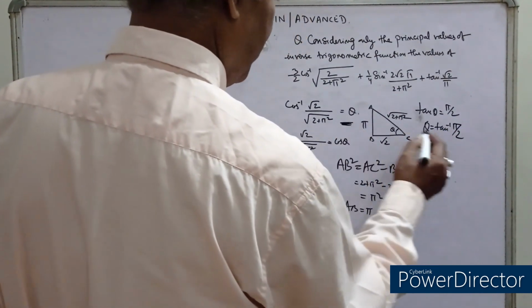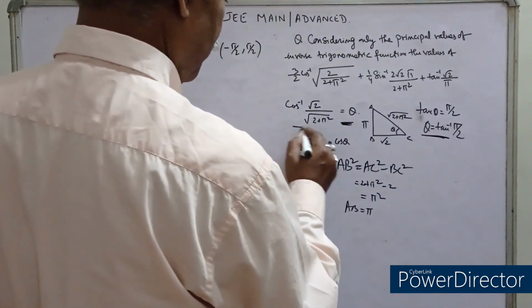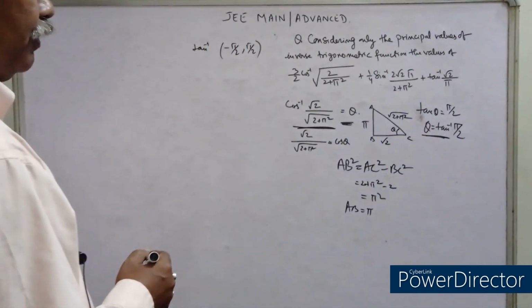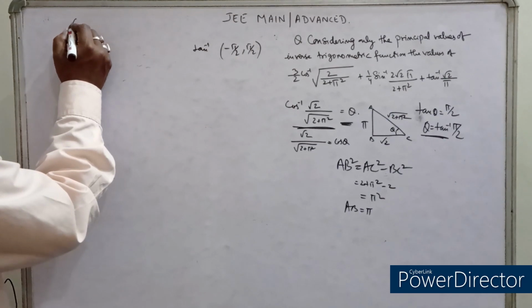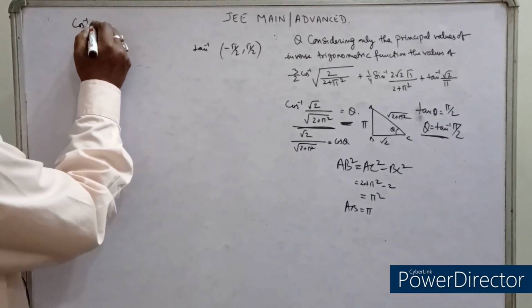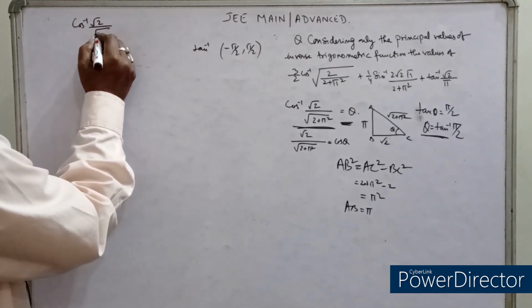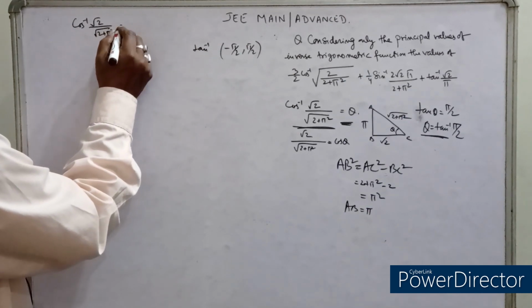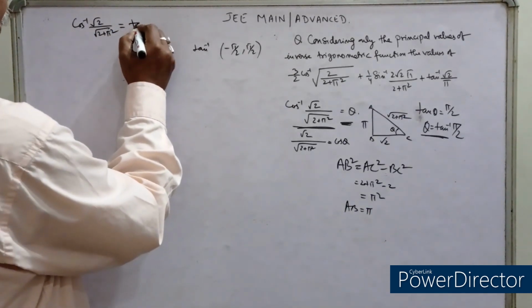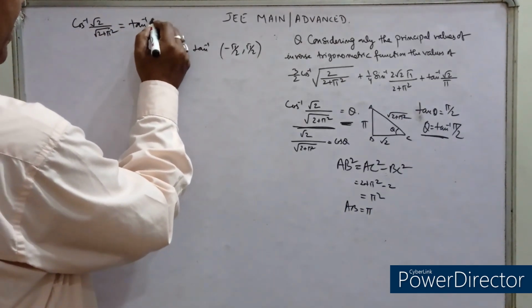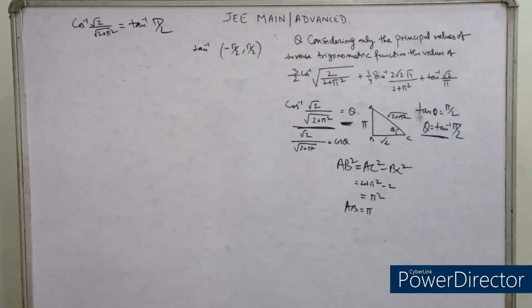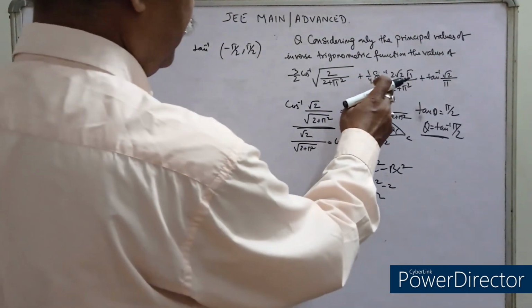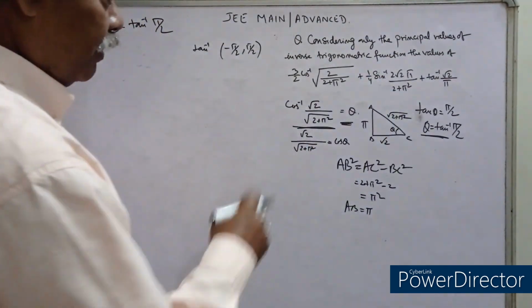So here you see that your cos inverse root 2 by root 2 plus pi square can be written as tan inverse pi by 2. And for the other term, let me convert this.